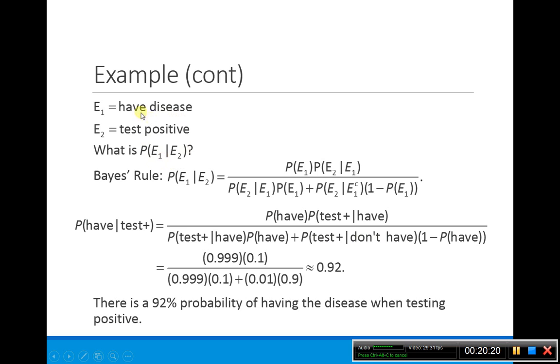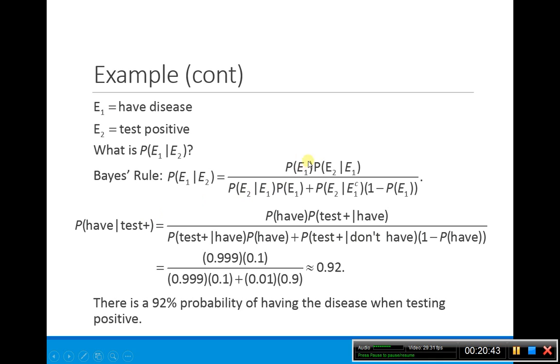Okay, so if E1 is having the disease and E2 is testing positive, in more mathematical terms we want to know the probability of E1 given E2. We're going to use Bayes' rule. We have all this information, so let's write it in terms of what we have. E1 is you have the disease, E2 is you test positive.